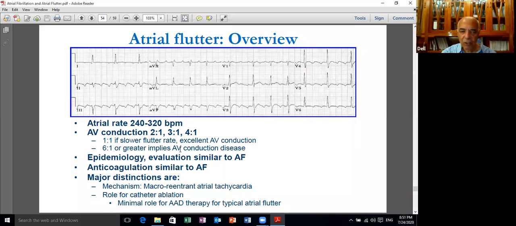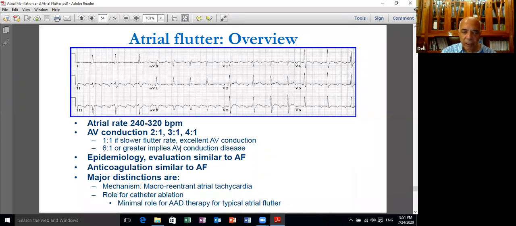The epidemiology and the evaluation are similar to atrial fibrillation, with different prevalence in adults and in childhood. For anticoagulation, although thromboembolism is less frequent with atrial flutter, it is not much less frequent, and therefore the CHA2DS2-VASc score still holds with atrial flutter, the same as in atrial fibrillation.